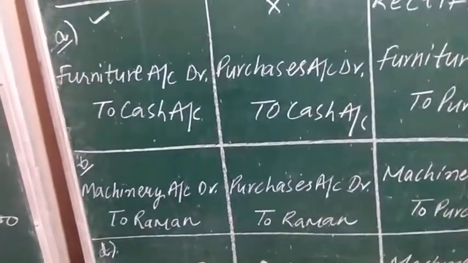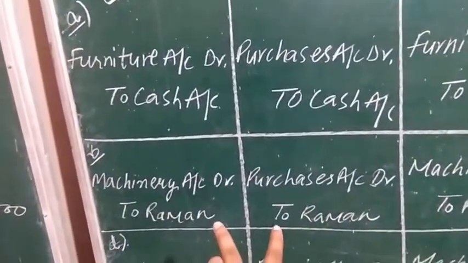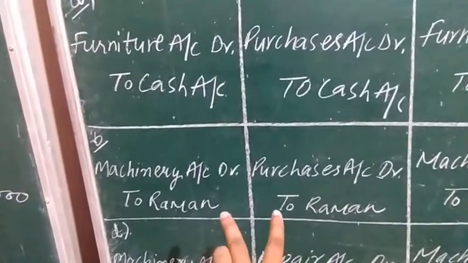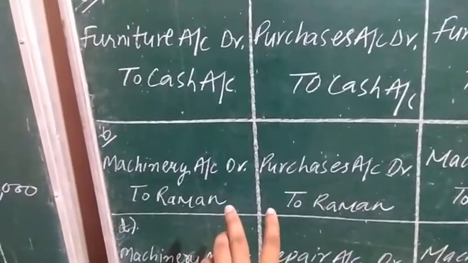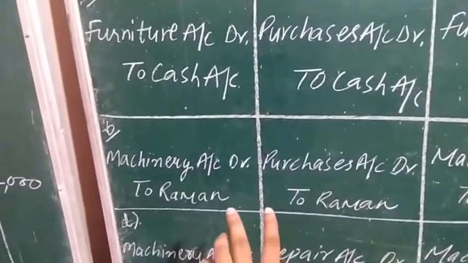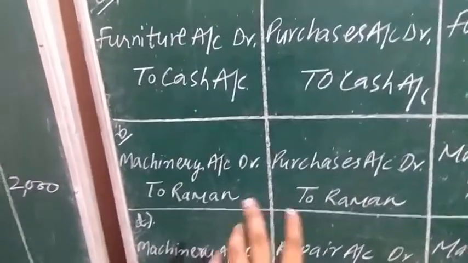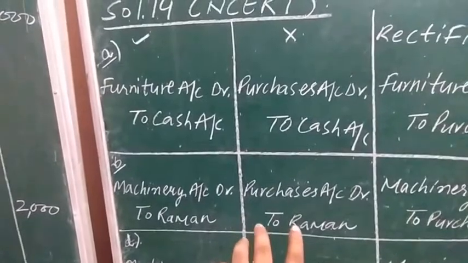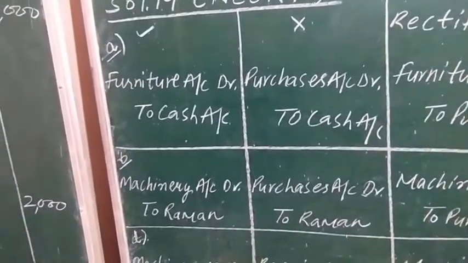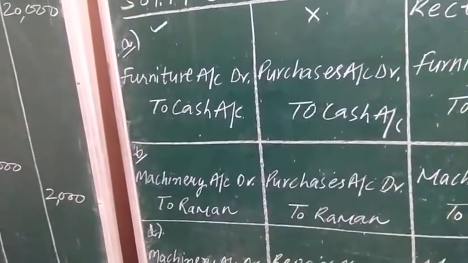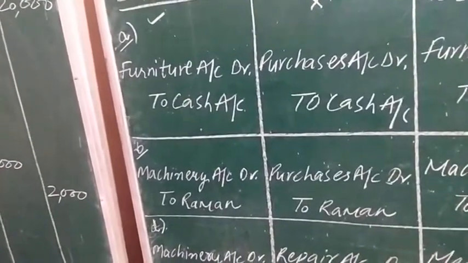So what we need to do on the credit side, we are seeing, okay, the correct posting and the correct credit is done in both the cases, that is in the correct entry and the wrong entry. Means on the credit side, Raman is credited, which is right, because Raman is the creditor.